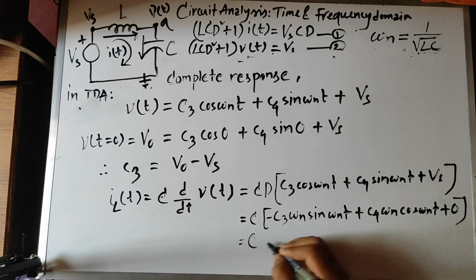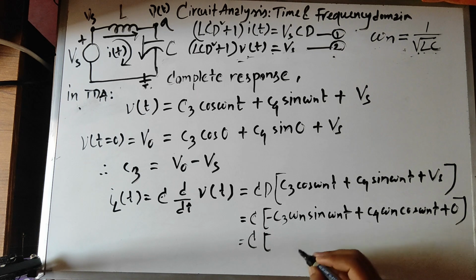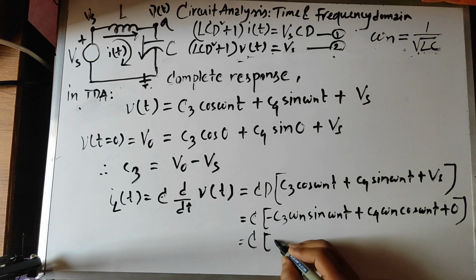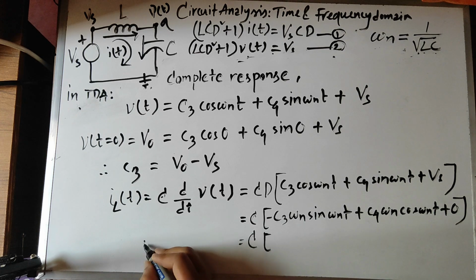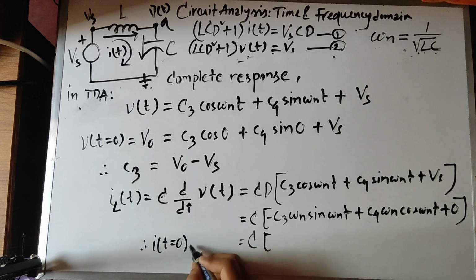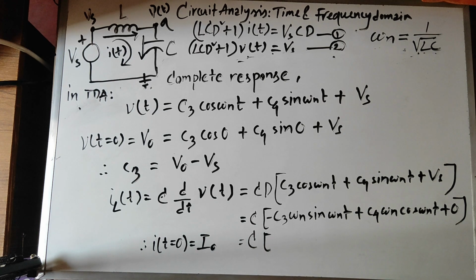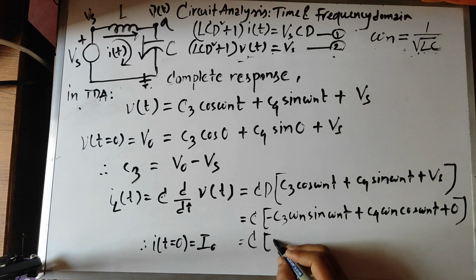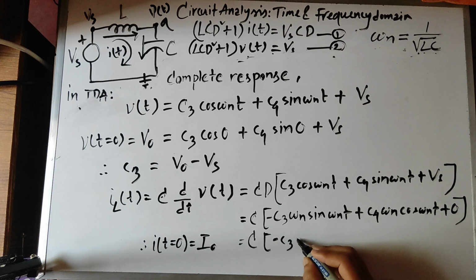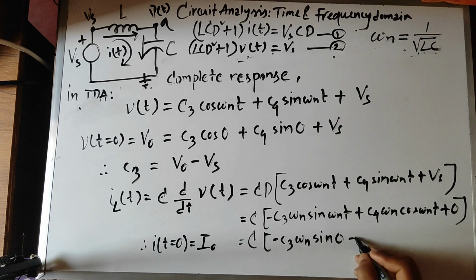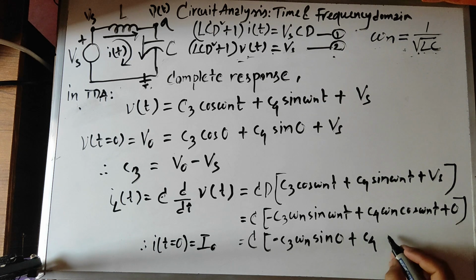So capacitance, here let me write now, at t equals 0 the initial current of the inductor is equal to C times minus c3 omega n sin 0 plus c4 omega n cos 0.